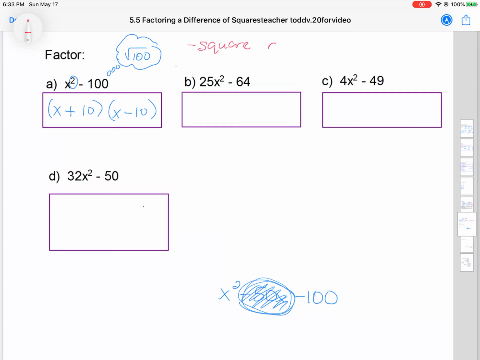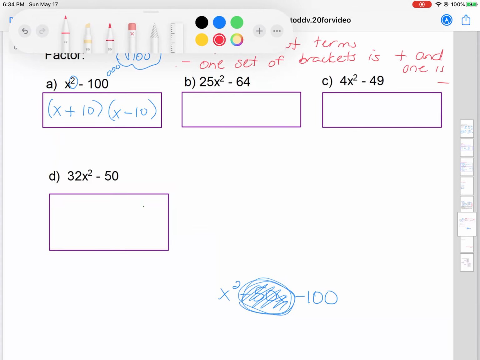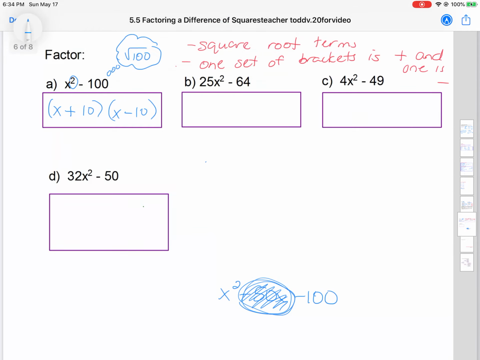So let's write that down. Square root terms. One set of brackets is adding and one is subtracting, okay?